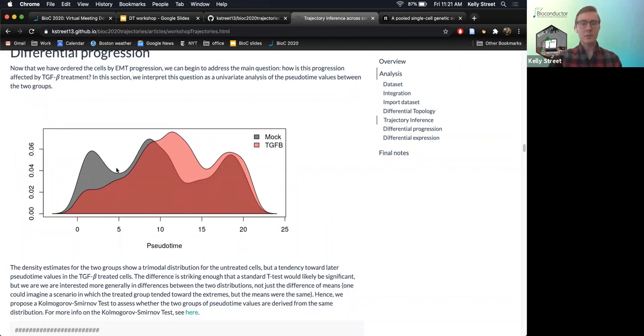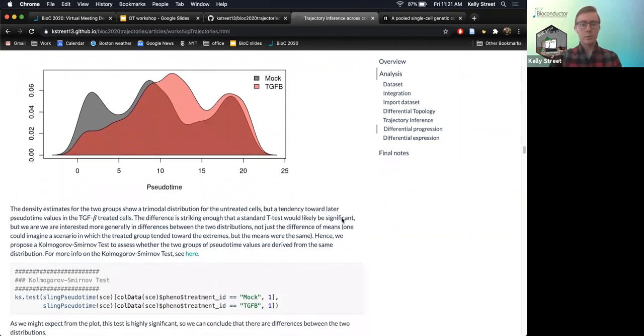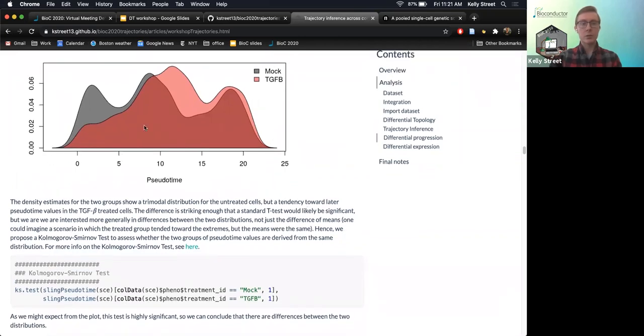We see this interesting sort of trimodal structure in the untreated group, and then the treated group is sort of missing, or certainly has a lot fewer of that early cell type. It seems like they differentiated a lot faster or a lot more. And you would expect, just based on this plot, that hopefully we do see some sort of differences here. And essentially all we're doing is comparing these two distributions.